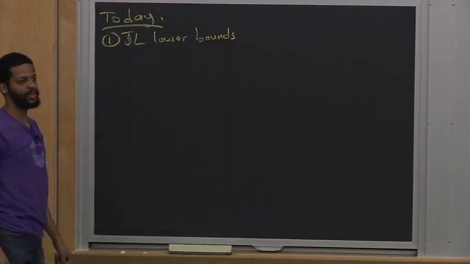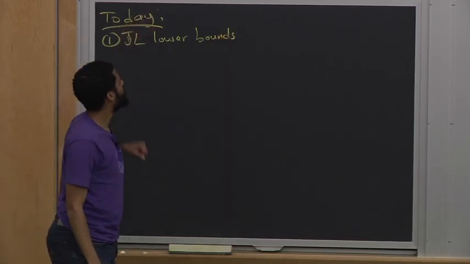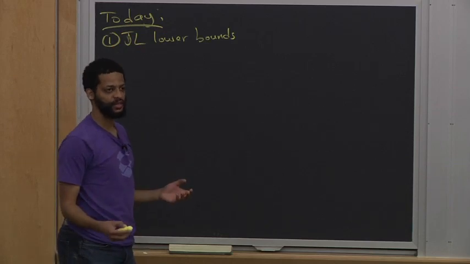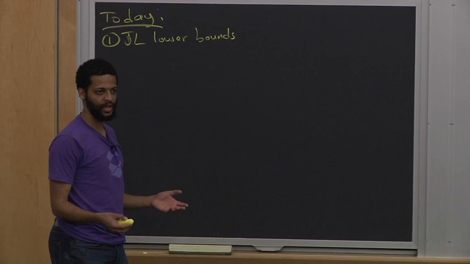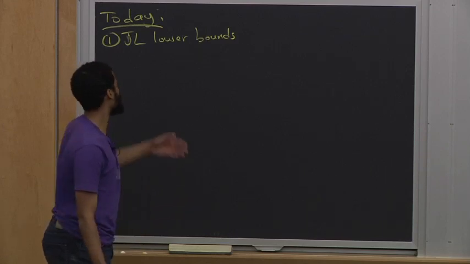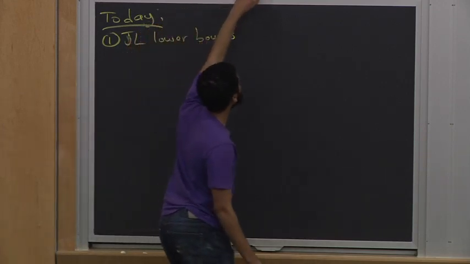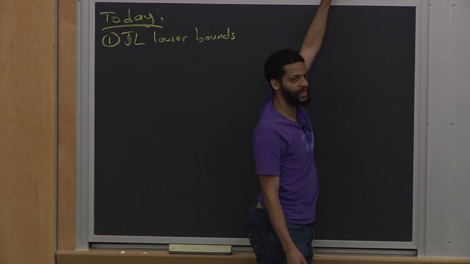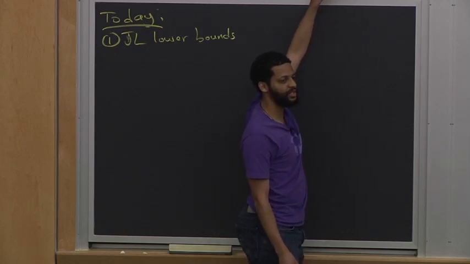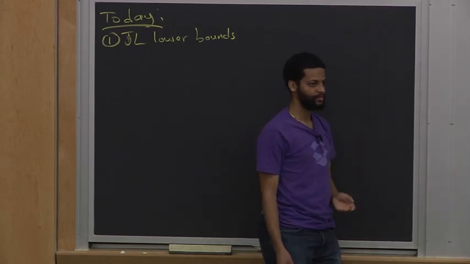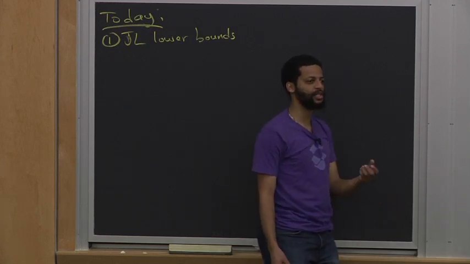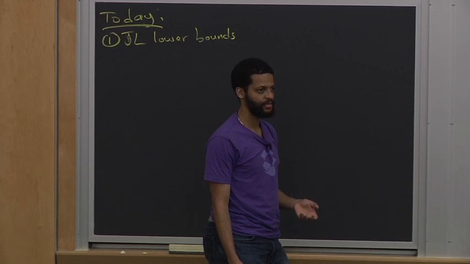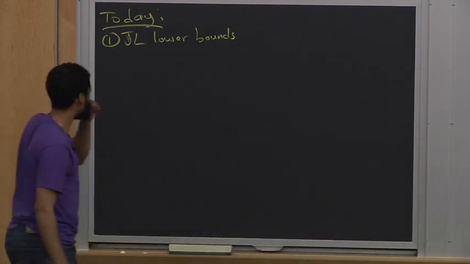And these lower bounds are going to be of the form, let's say for JL, we're going to show that for any capital N, there exists a set of capital N points in L2 such that any embedding requires roughly that m up to a small factor. Okay, so we're going to show that the JL lemma is almost optimal. But that's worst case optimality. It means there is a hard set of vectors.